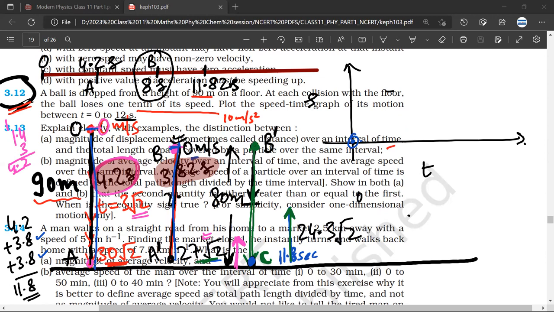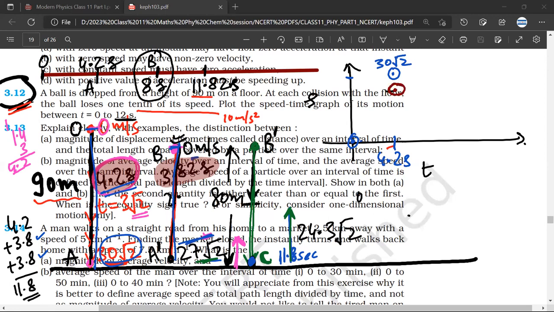And then at time t equal to 4.2 second, I had a velocity of 30 root 2. So let me assume this is 30 root 2. And then at 4.2 second I rebound, and I have a velocity of 27 root 2.